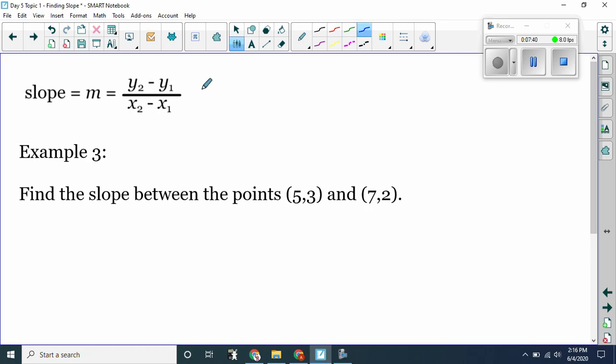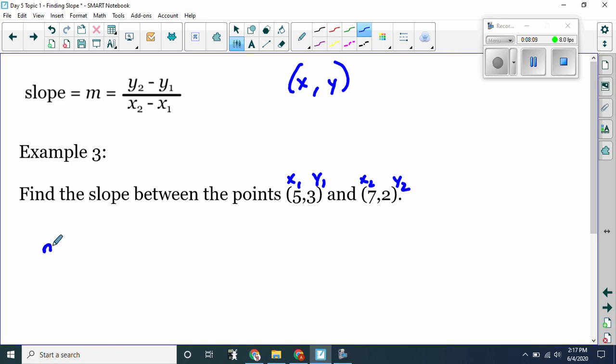Now remember, when we're talking about x and y, it's always the x first and then the y. So this is my first point. So I'm going to label this as x1 and this as y1. That's the x value of my first point, and this is the y value of my first point. This is my second point. So this is going to be x2, and this is y2.